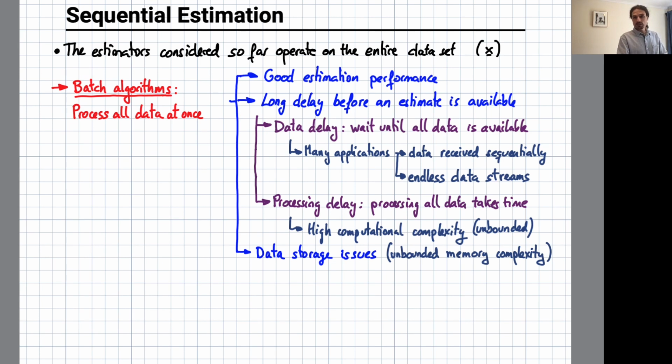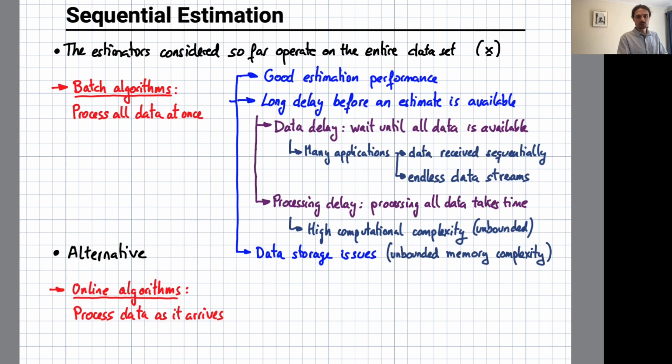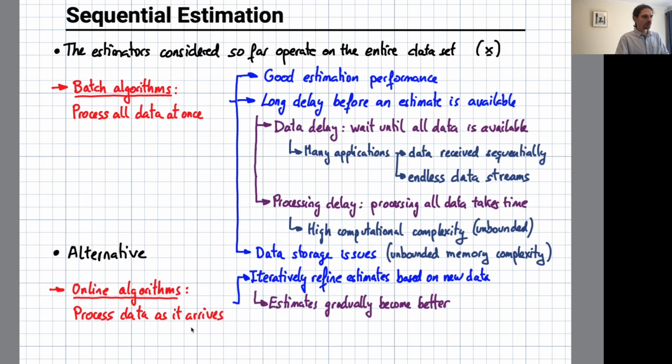To solve these limitations, we need to resort to the so-called online algorithms, which are those that process data as it becomes available. So the idea is to process the data that is available until each point in time, and to produce an estimate.